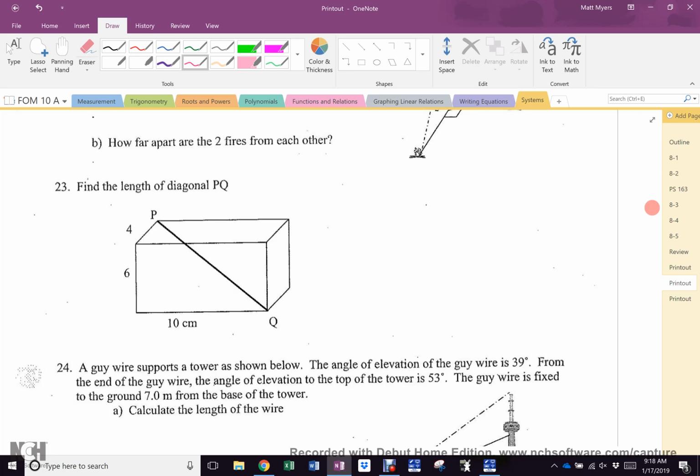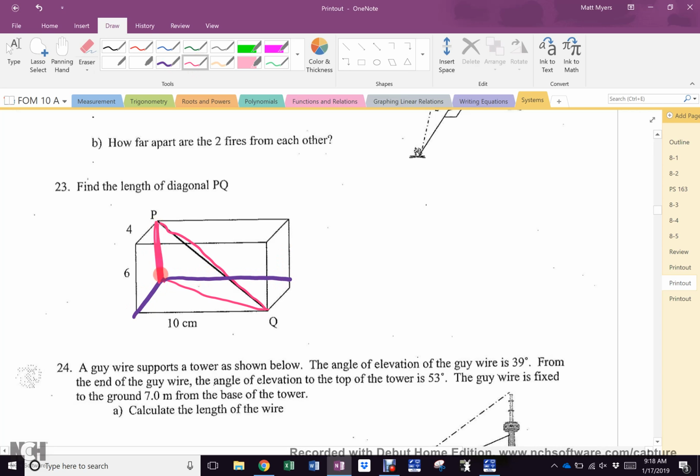You guys are real bad at number 23. Should we talk about it? I think we should. The pink triangle's the diagonal, right? So to do that pink triangle, what do I need?